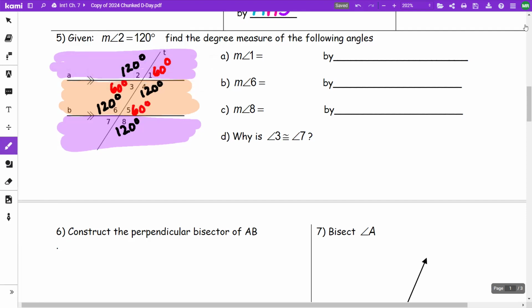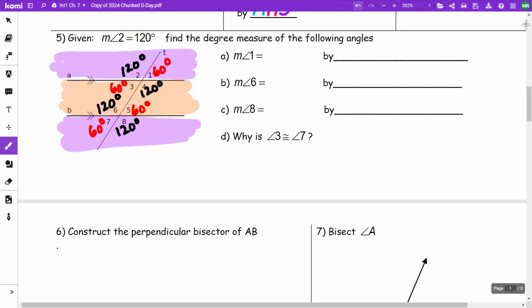It's alternate interior with angle 3 or corresponding with angle 1. Angle 3 and angle 7 are corresponding. Angle 7 and 5 are vertical. Angle 7 and 1 are alternate exterior. Angle 3 and 5 are alternate interior.